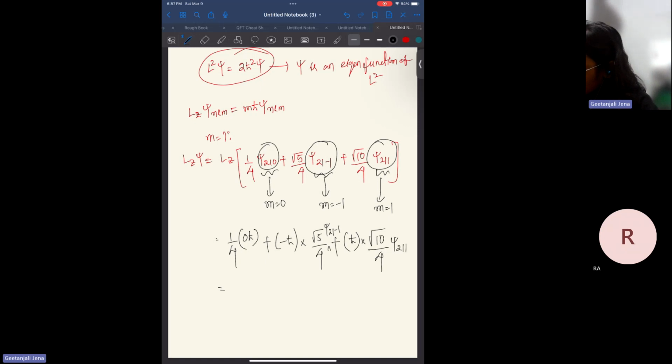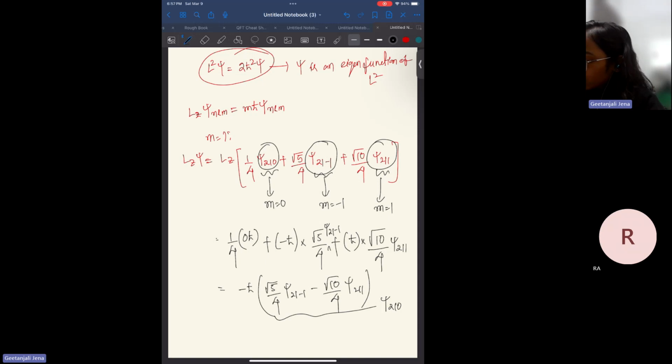So that means the resultant state is minus ħ root 5 by 4 psi 21 minus 1 plus ħ root 10 by 4 psi 211. So if you see, there is a term missing here, which is psi 210.